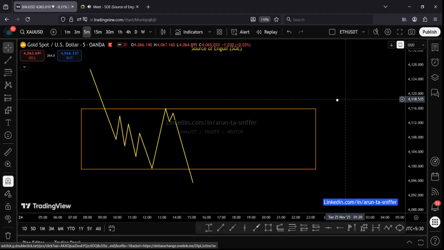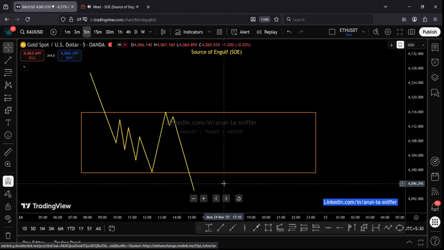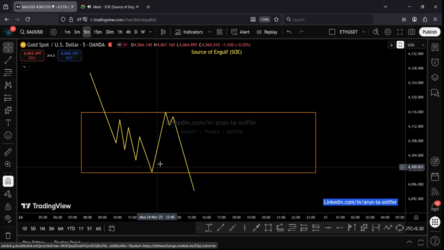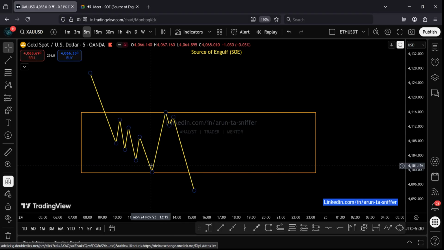So what may happen when price goes up again in this zone? It may react with the first one. When price goes from here to here, we also have an origin here, like we studied in origin.